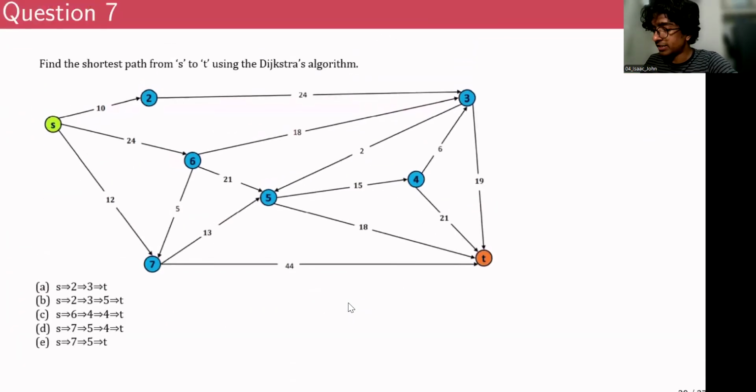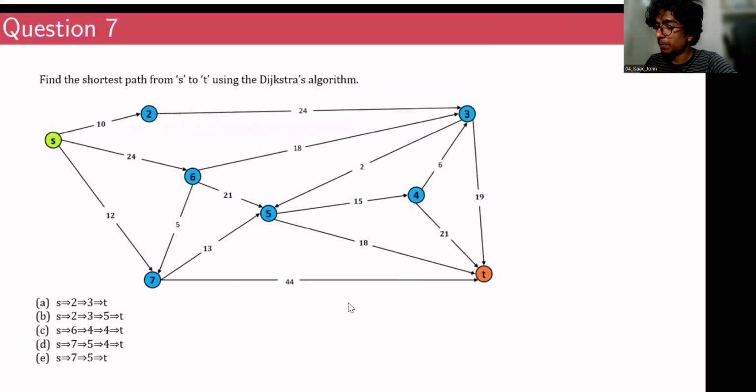Then moving on to question 7: find the shortest path from S to T using Dijkstra's algorithm. We'll work out Dijkstra's algorithm, where it has varying path cost but zero heuristic cost.